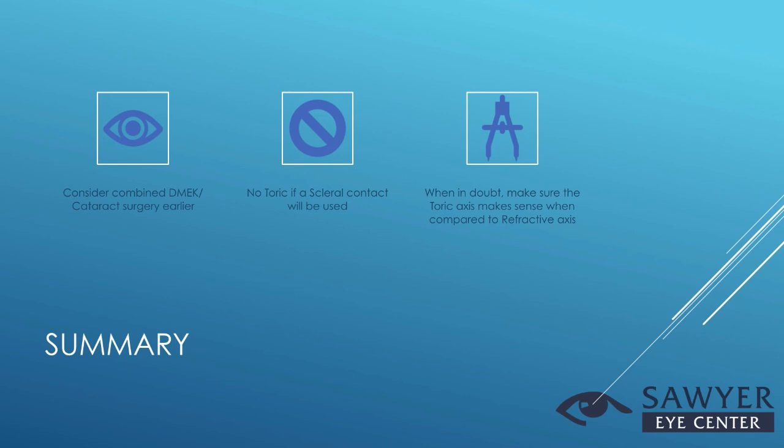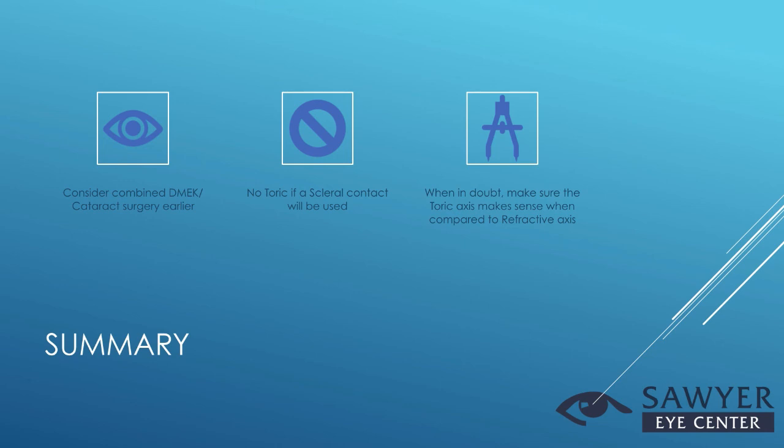So in summary for this lecture, consider combined DMEK and cataract surgery earlier than you did if you grew up in the times of PK or even DSEK and cataract surgery for Fuchs patients.